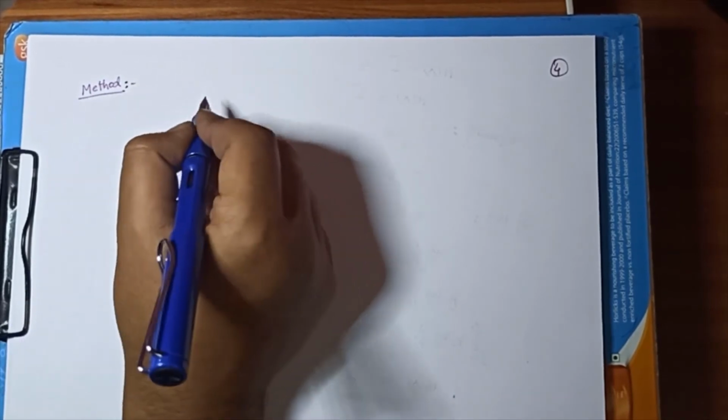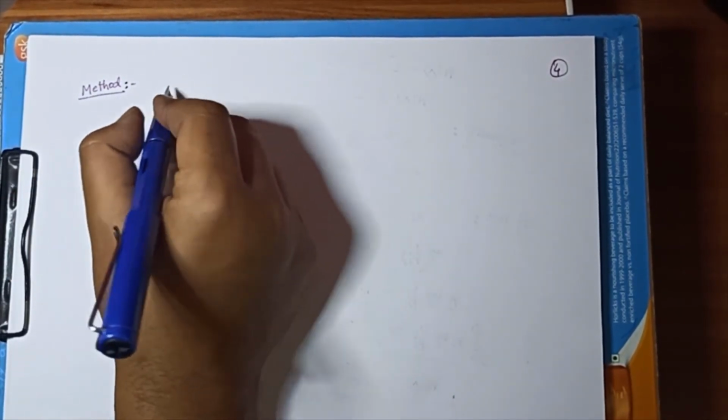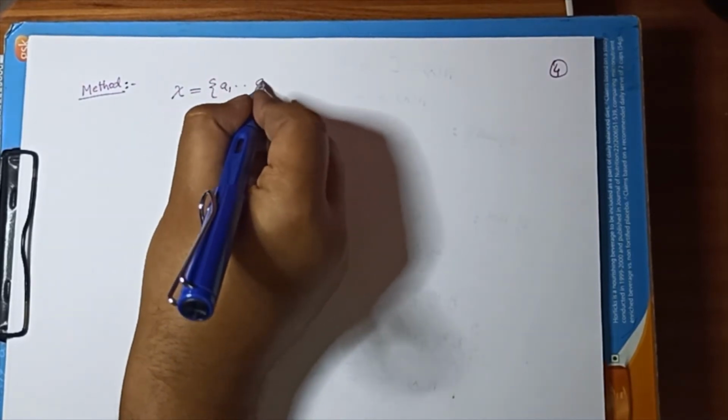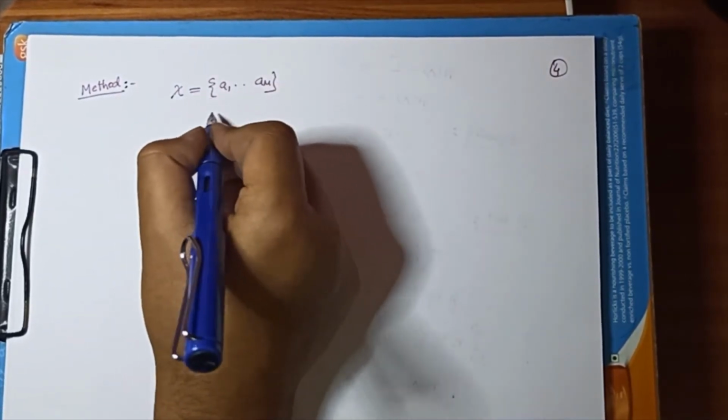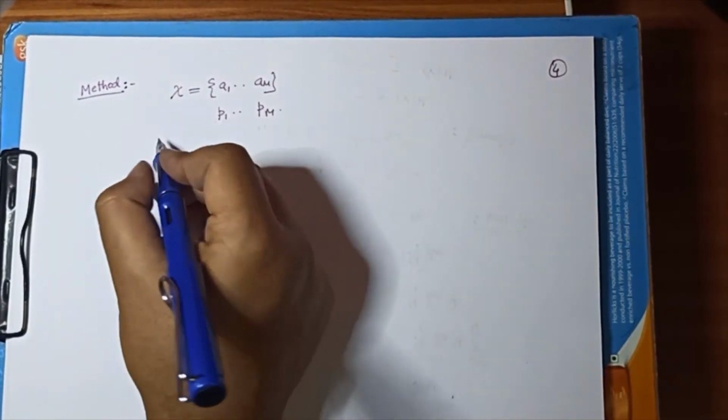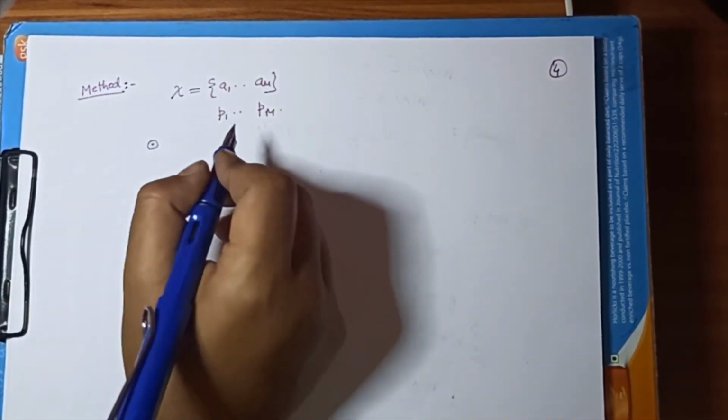So for the symbols, say a1 to am, where the probabilities are p1 to pm, the method can be established like this.